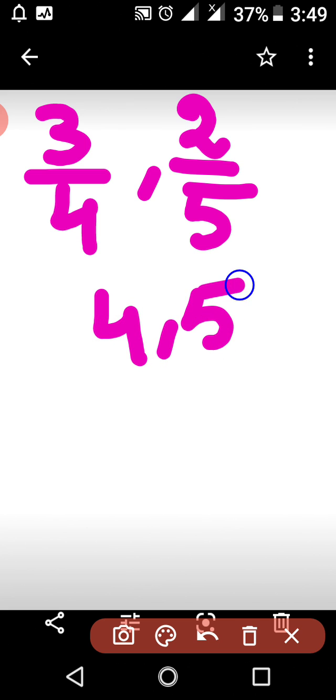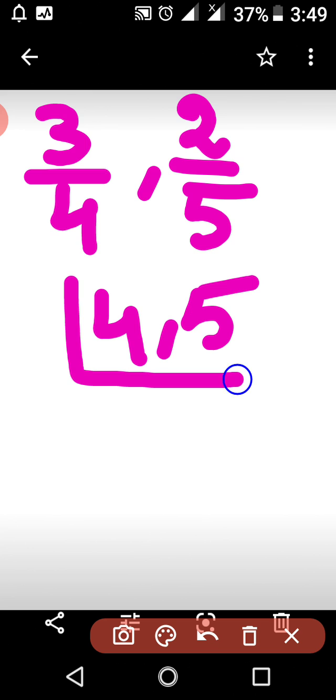First one is 3/4 cup of yogurt, and second one is 2/5 cup of butter. Now these two are unlike fractions. First convert them into like fractions. Take both denominators 4 and 5. Find the LCM for 4 and 5 by using the prime factorization method.